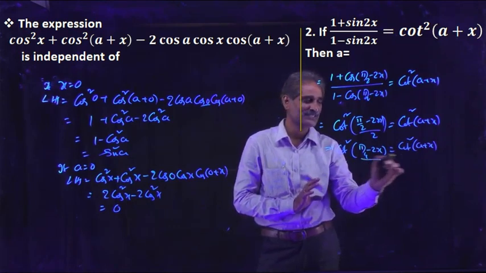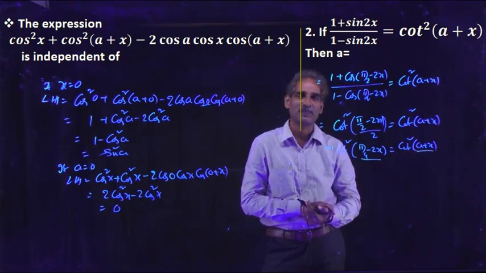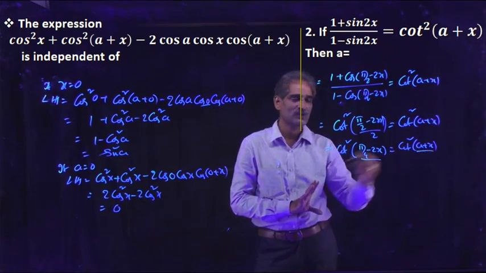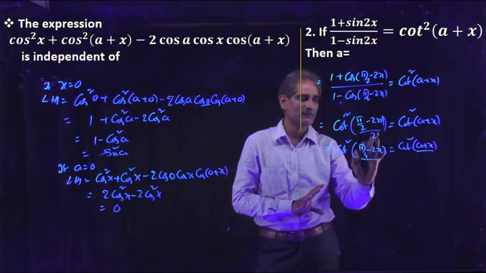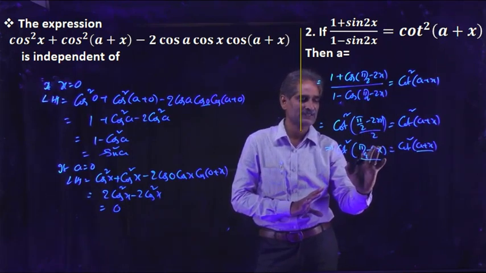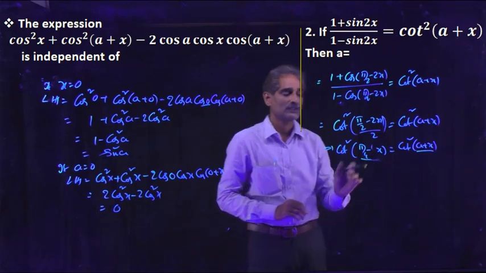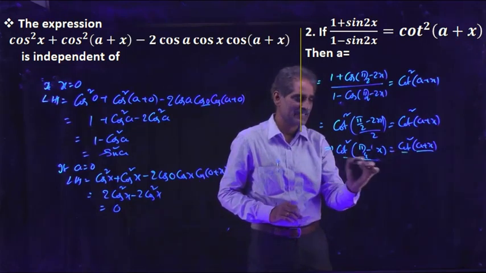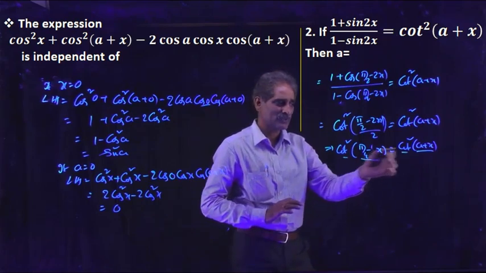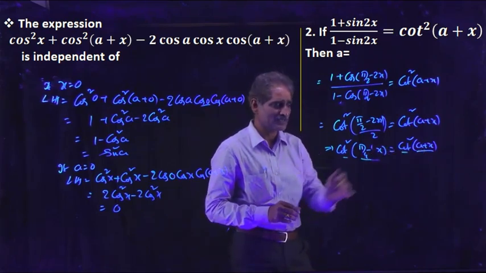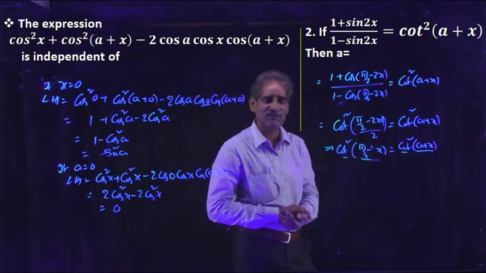Just observe this. Here we have to find out, so 2 is there, pi by 4 minus x, right. So cot square a is equal to cot square b, but here we have to find the a value, and this should be in plus form.